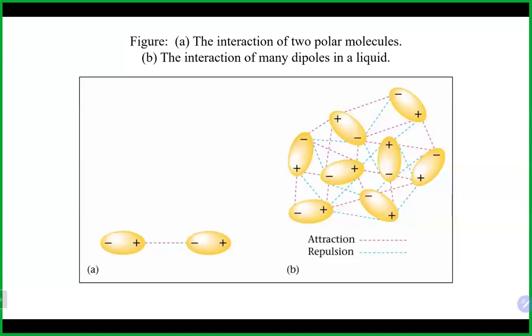So we do try to maximize this attraction, but as you can see here, no matter what you do, there are going to be areas where positives and positives will be near each other, and negatives and negatives will be near each other. But they will keep moving around until they find a happy medium where they have more attractive forces than repulsive forces.